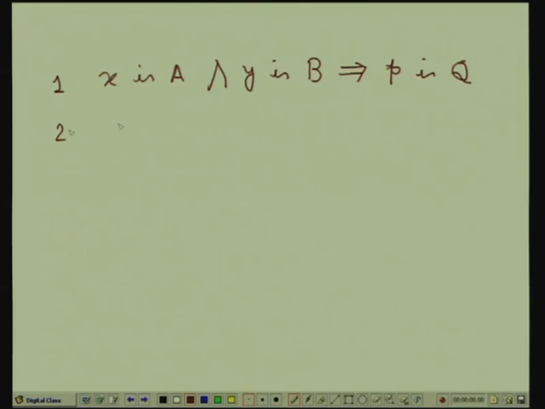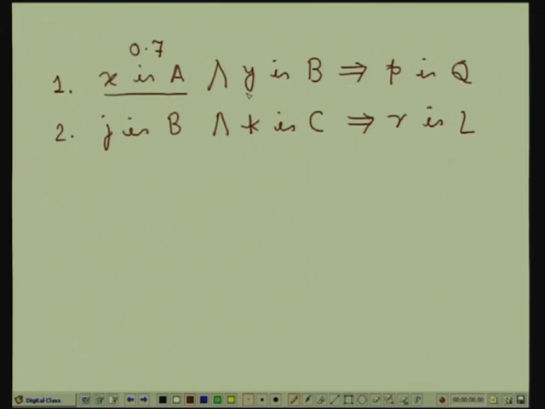There is another rule, say J is B and K is C, implies R is maybe Q or maybe R is L, something. Now, this one evaluated with 0.7, this one evaluated with 0.8.